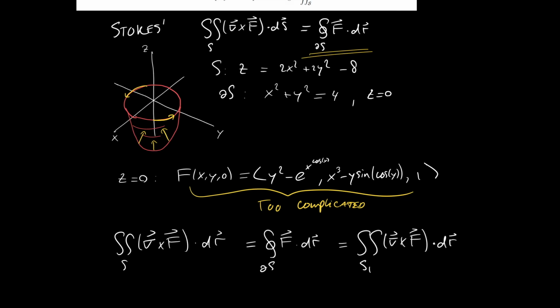So if I look at the picture of that surface here, of course we are looking at the boundary in the xy plane, but of course that boundary is also the boundary of a region in the xy plane here, which is flat, which has z is equal to 0 everywhere, and which has a very simple normal vector, which is just the vector k. Remember, k is 0, 0, 1. It's the unit vector in the z direction. So maybe it's a good idea to use that surface to calculate that integral.